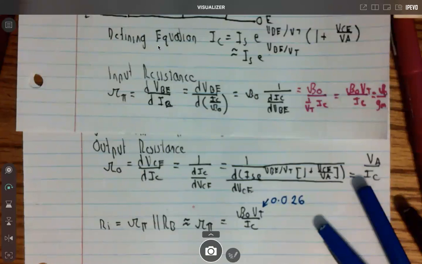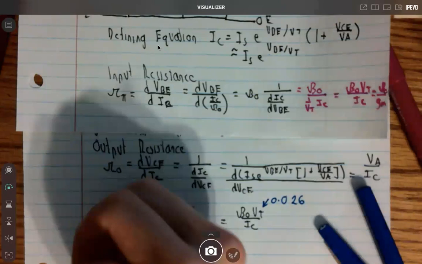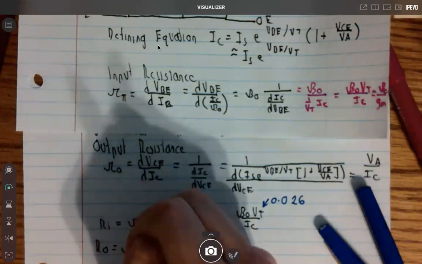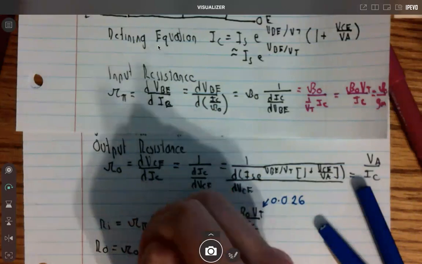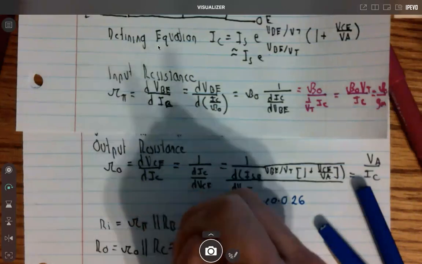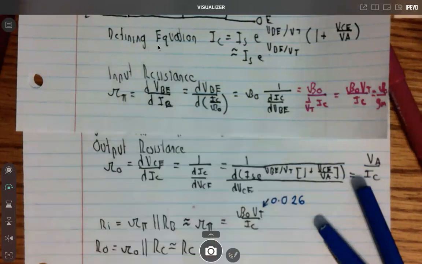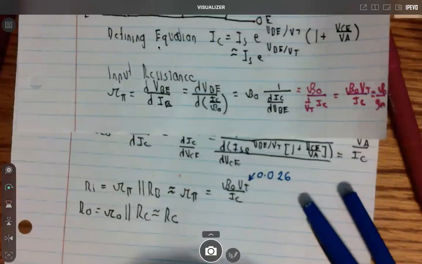And then your output resistance is given by R out in parallel with RC, which we approximate to RC. This one we're going to see pop up as well. But what we need to know is this just comes from our model, which we drew in class.